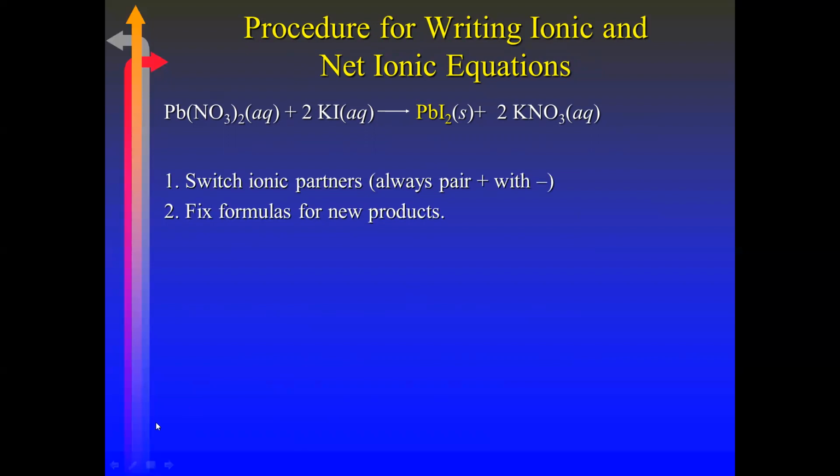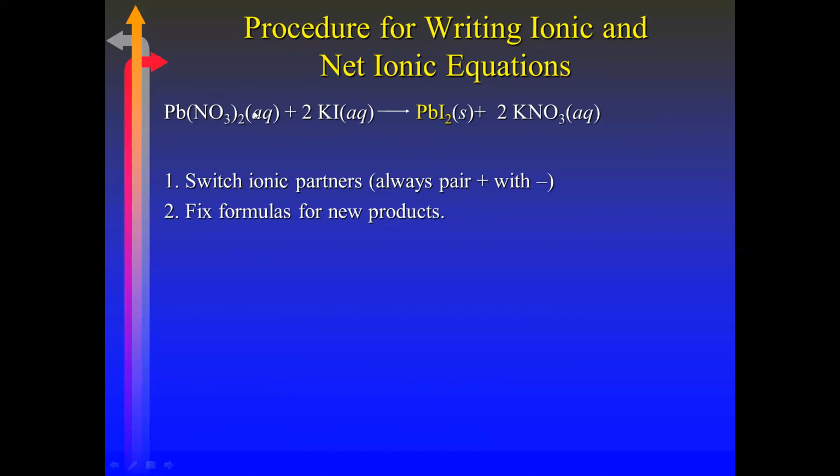They tell us first we switch the ionic partner. We always pair a positive ion with a negative ion. For example, here the lead ion is a positive ion. In chapter 2, when we talked about naming compounds, we said we write the positive ion on the left and the negative ion on the right.